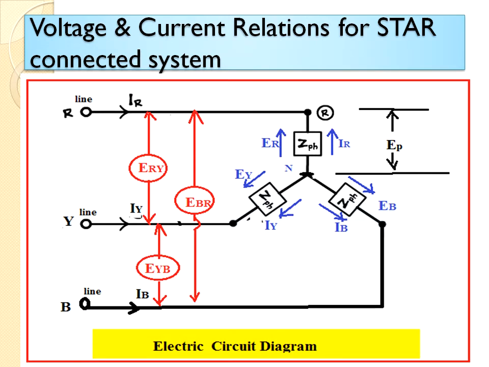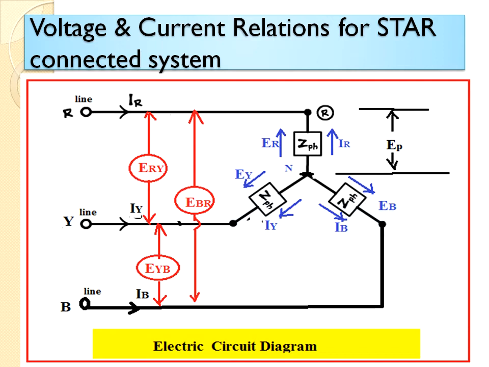So now you see there three impedances or three coils you can take. Three impedances are connected in star. Let ER, EY, EB be the phase voltages or phase EMFs across each impedance, and IR, IY, IB be the phase currents.